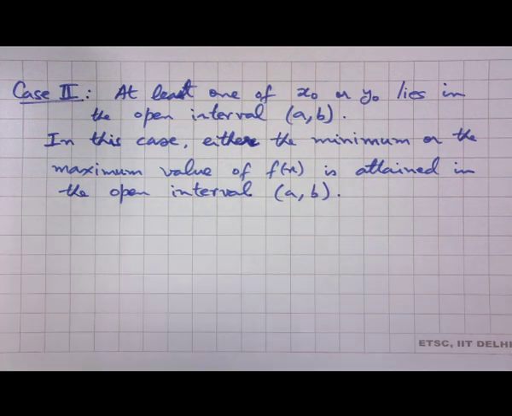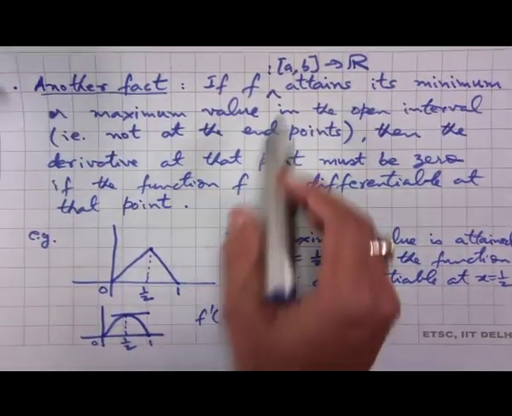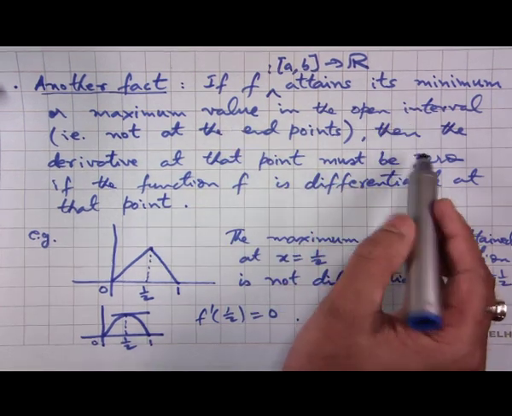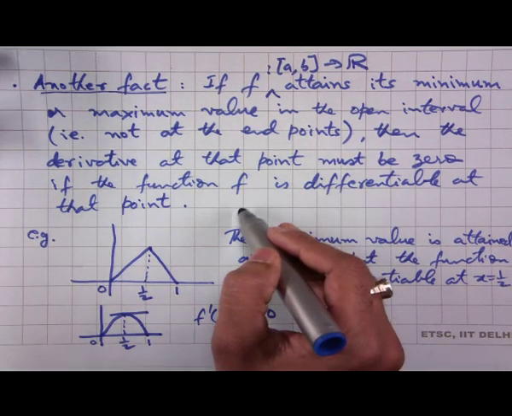And we have stated this fact that if f attains its minimum or maximum value in the open interval, and if the function is differentiable there, then the derivative must be 0.